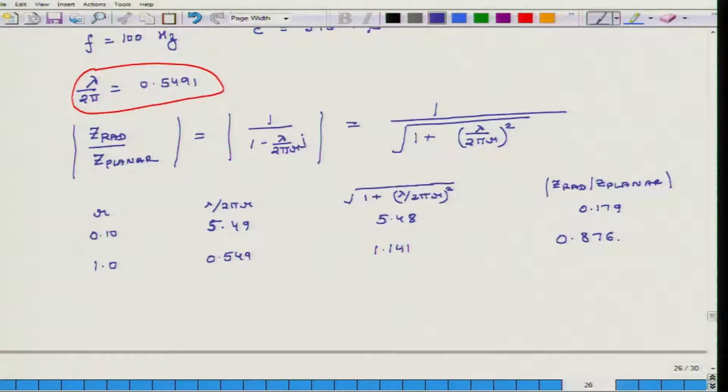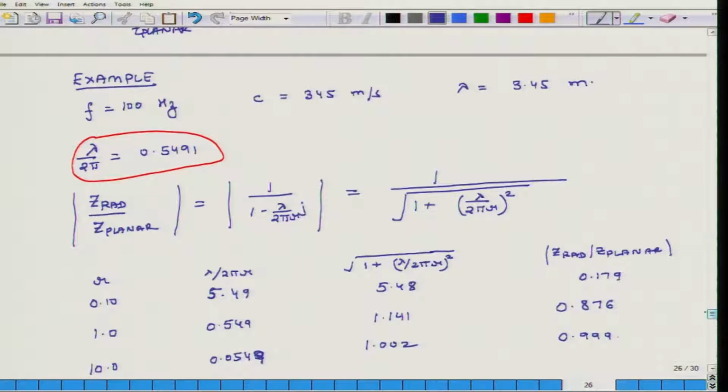So, it is reasonably close to 1, it is about 88%. But if we are 10 meters away, then this becomes 0.0549, and the number under the square root sign becomes 1.002, and the overall ratio becomes 0.998.